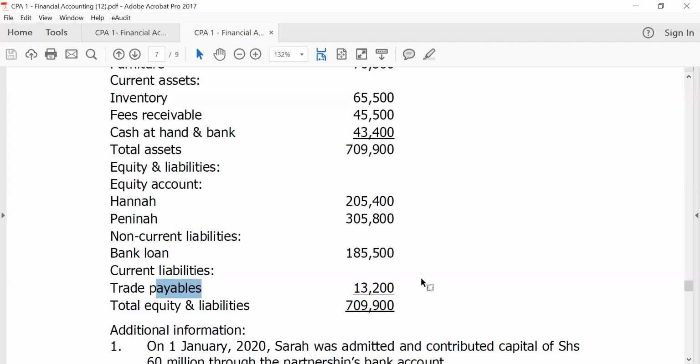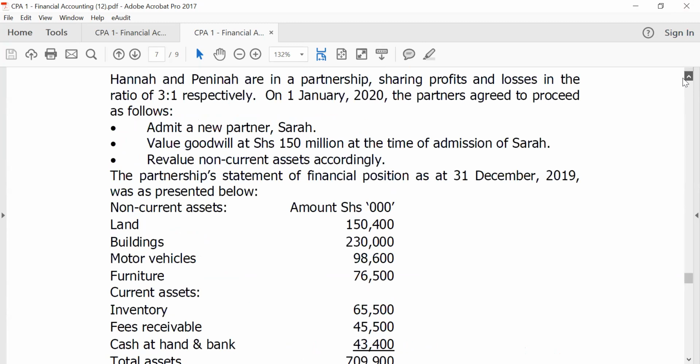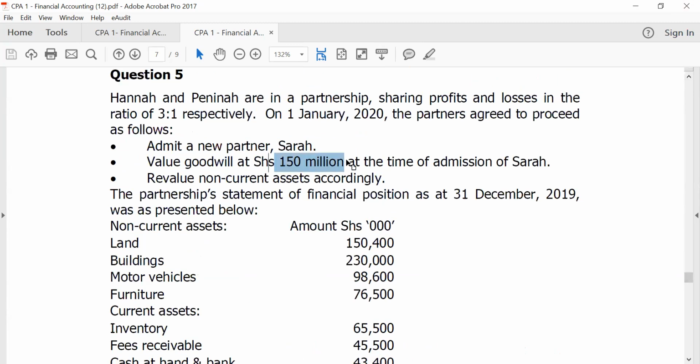I don't know how they would make an error in the question and treat goodwill as capital, because in most cases they'll give you the goodwill value, just like in this question where they have given us goodwill up here, and all they want is for you to account for the goodwill.